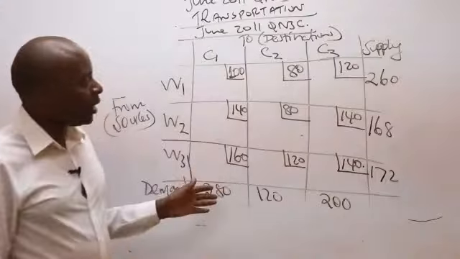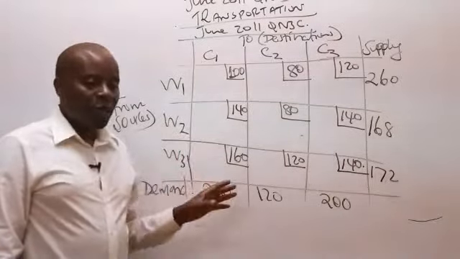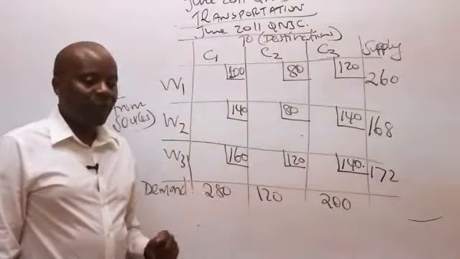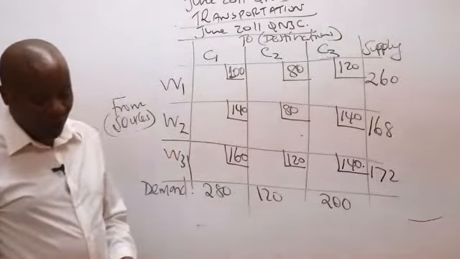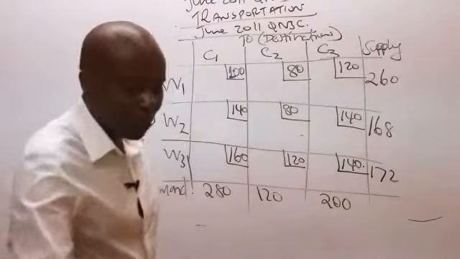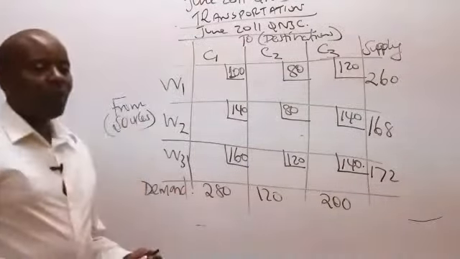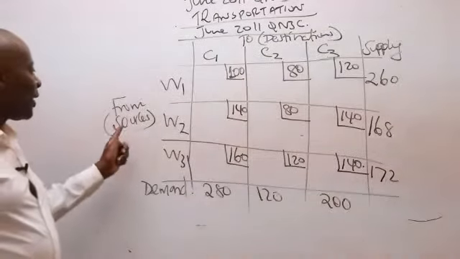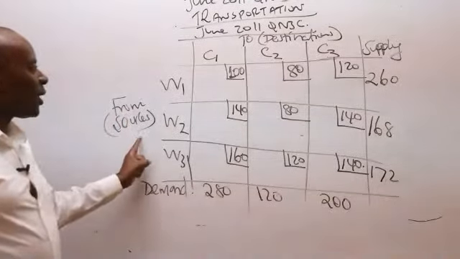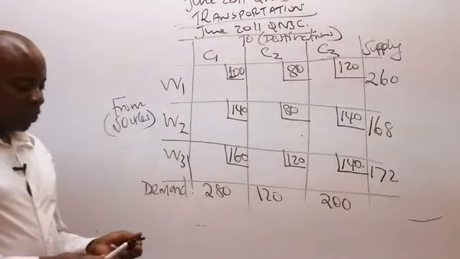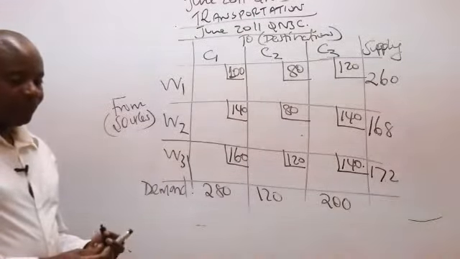Please tell me when you finish drawing this general structure of our transportation problem. Just let me know once you finish putting it up. Once you finish, don't forget, we have here from our sources to our destinations.